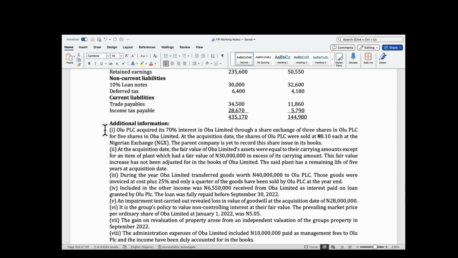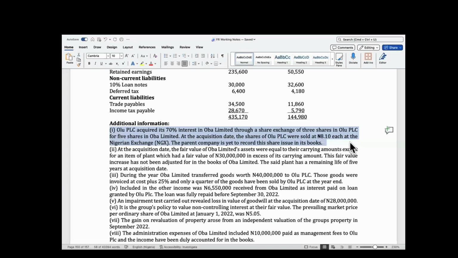Okay. So this is telling us that Olu is the parent entity and it has a 70% holding. And the way it paid for this 70% is not through cash, not through contingent consideration, but through shares. It issued shares. And how many shares did it issue? It issued 3 shares for every 5 shares in Oba.